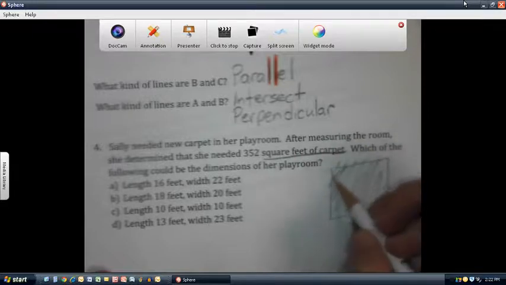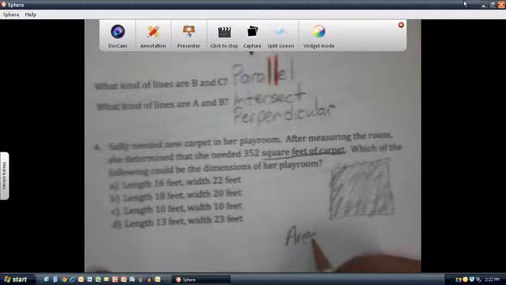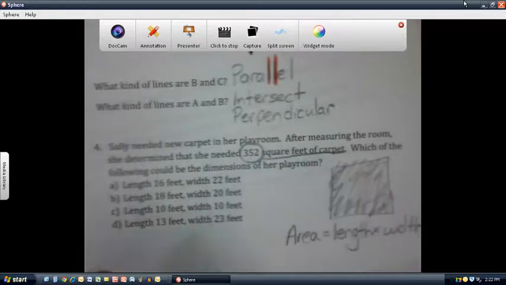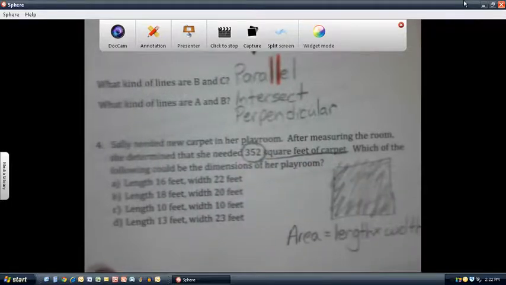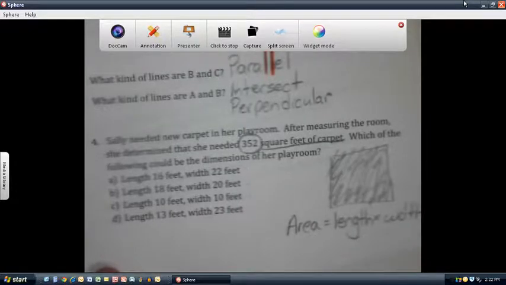So the inside would be the area. And I know that we find area by multiplying the length times the width of a room. So I know that I want to get to 352. So I need to figure out which one of these dimensions is going to give me 352.